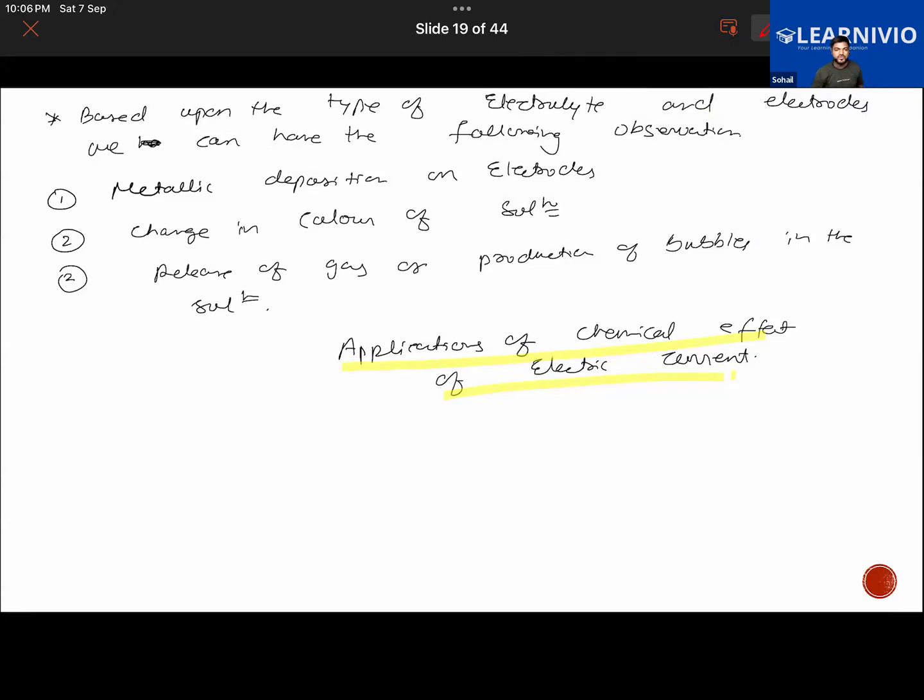We can do the process of electroplating, which is based upon the chemical effect of electric current, where one metal can be deposited over another metal with the help of electric current. Or we can purify some metals also. If there's an impure metal, with the help of electrolysis we can purify it. We can produce some new compounds, or we can break a given compound also. Like water can be broken down into hydrogen and oxygen based upon the chemical effect of electric current. So applications are as follows.